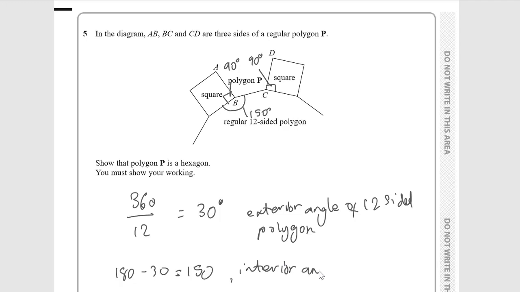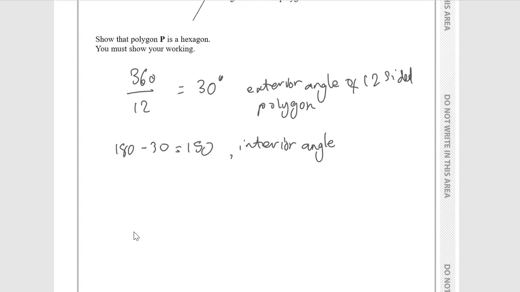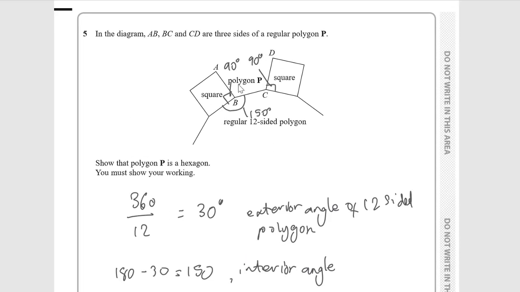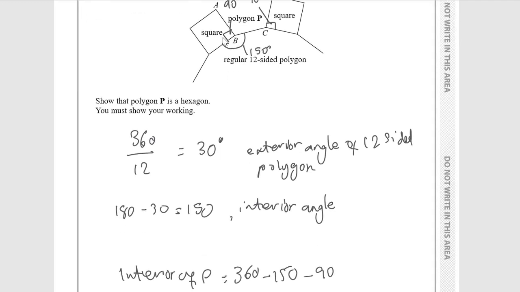So the interior angle of P is going to be 360, take away 150, take away 90, because that comes from 360, which is the entire rotation, take away the 150, take away the 90, so that gives 120.